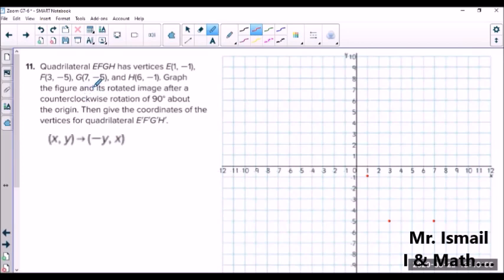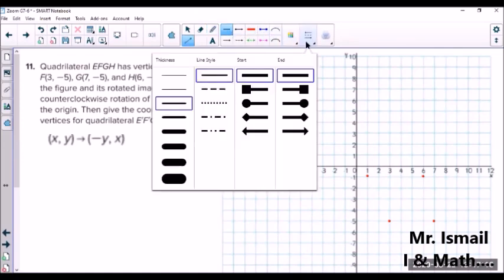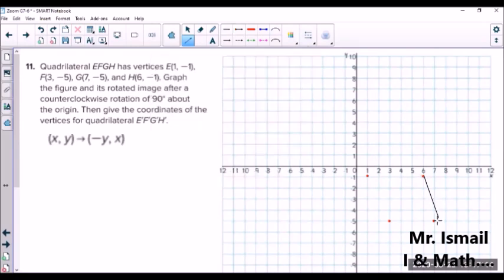And the last one, H, is (6, -1). So I will bring a ruler. Please bring your ruler and don't draw without a ruler, and connect the points.